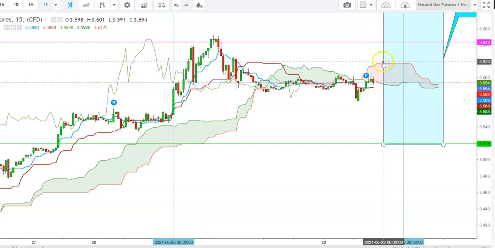I find that a breakout above the upper end of the Ichimoku cloud will continue this rally in natural gas futures, where the immediate support in a 15-minute time frame will be at the levels of $3.643, and a sustained move above the levels of $3.648 will continue this uptrend in natural gas futures. So friends, I find that we could see the natural gas futures in action at 6. Till then, we'll have to have a closer look at the movements of natural gas futures.